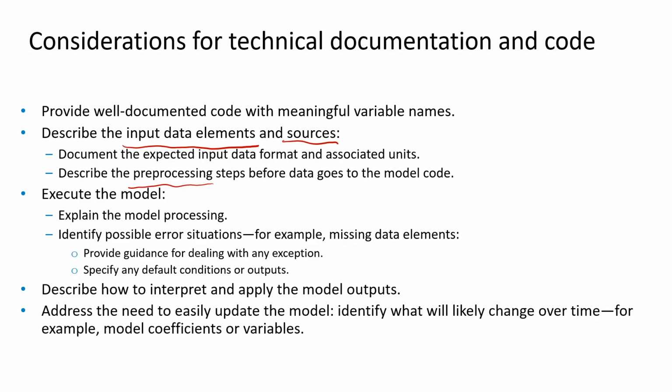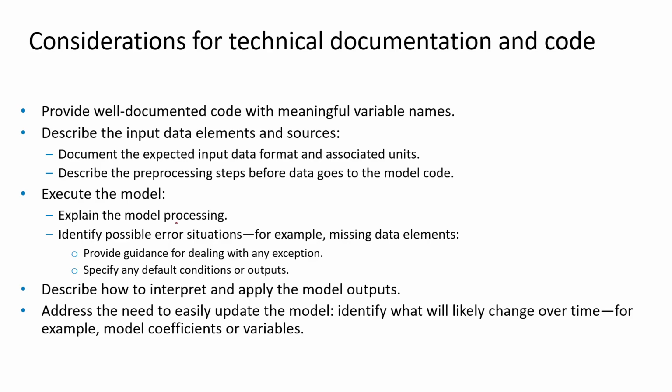This is the setting on the camera. So you need to make sure that the data formats, associated units, everything is documented. And you need to describe any pre-processing step that you've done. So that is about the data and how it can be accessed.